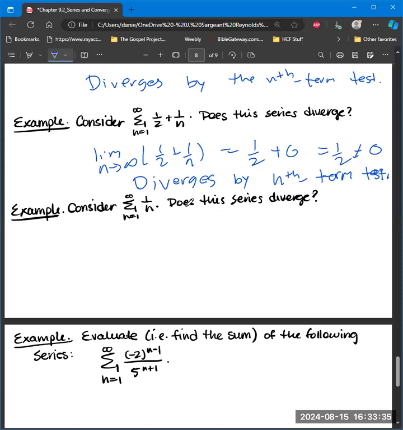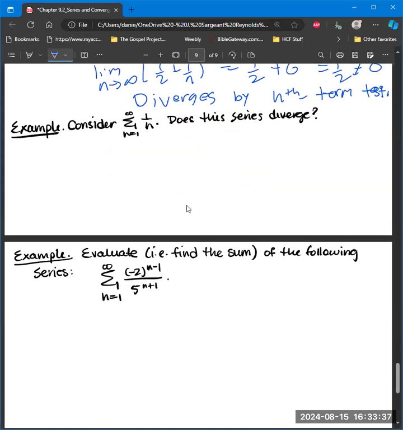All right, let's think about 1 over n. Does the series diverge? The limit as n goes to infinity of 1 over n equals 0.